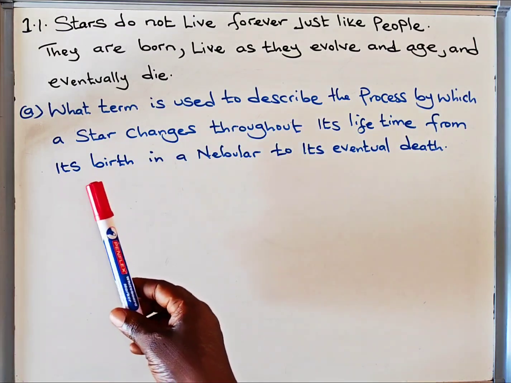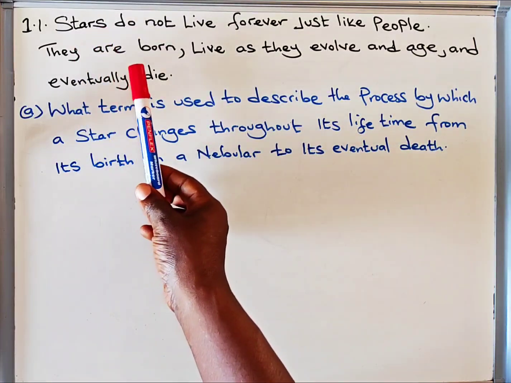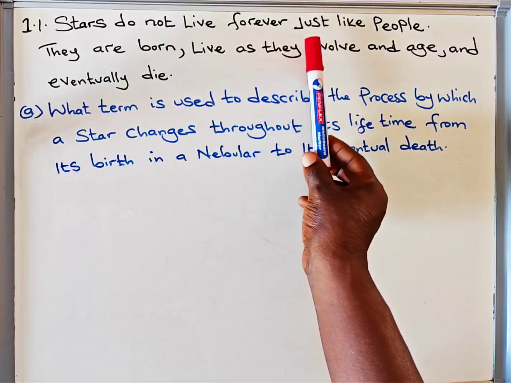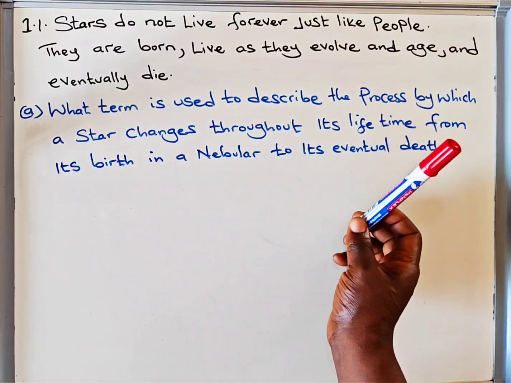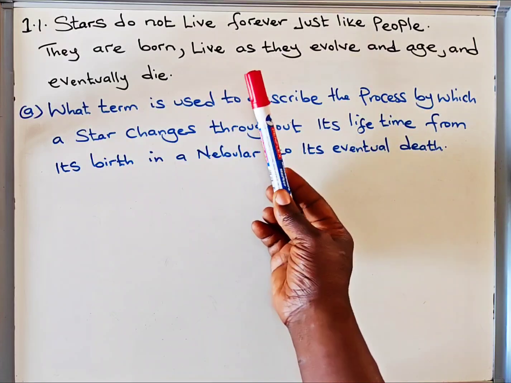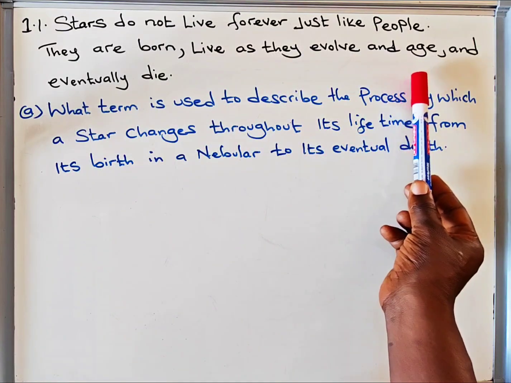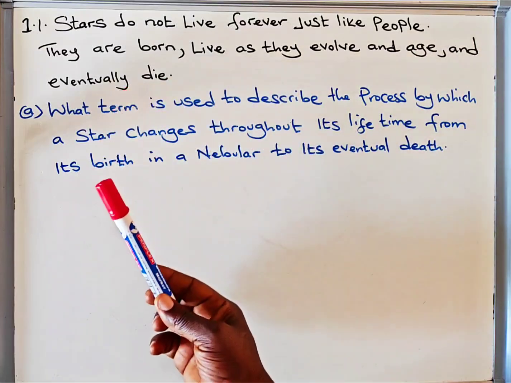Yes, today we are looking at this situation. It says that stars do not live forever, just like people. They are born, live, and as they evolve and age, eventually die.